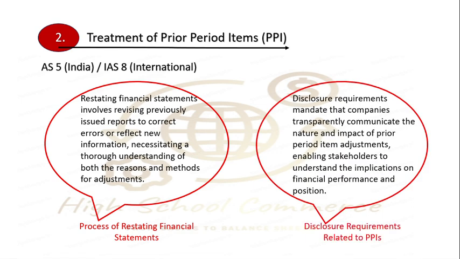And as far as the disclosure is concerned, the reason or the error because of which the restatement needs to be done should be visible in the notes to the financial statement, and its implication also needs to be shown. In the next few slides I will describe it in detail.